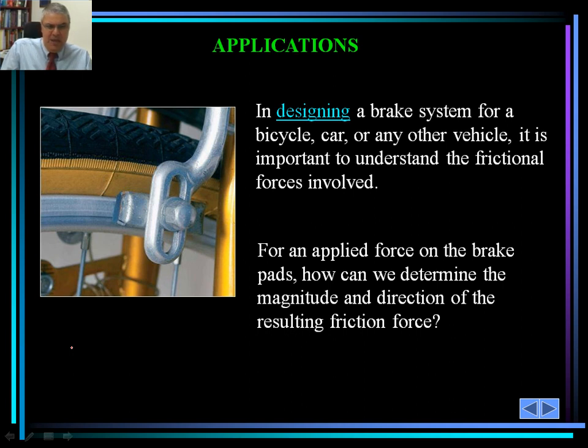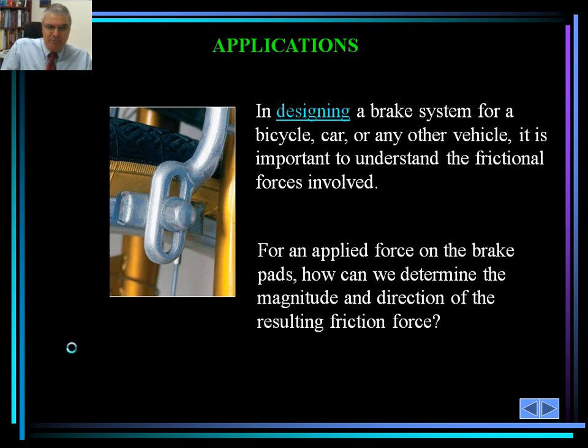In order to do that, we need to start by applying the principles of friction. We need to draw the free body diagram and identify how much force is needed to stop such a system.